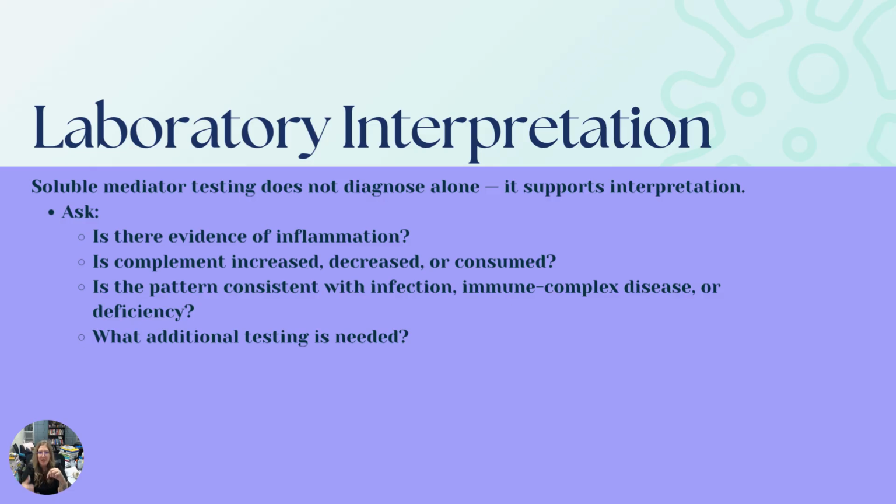What does this mean? How would you interpret this? Would you recommend any reflex testing? Then you're able to have an educated response to any of those types of questions you may get when you start working the bench.